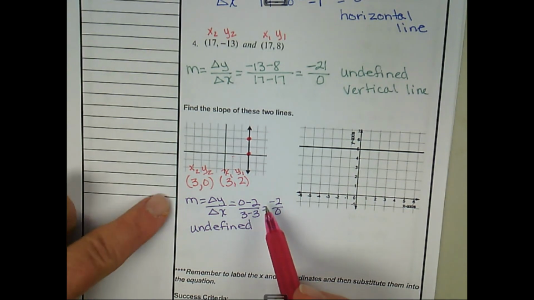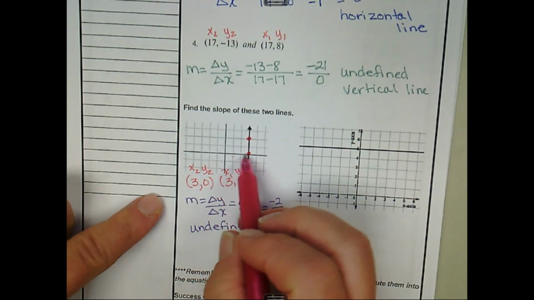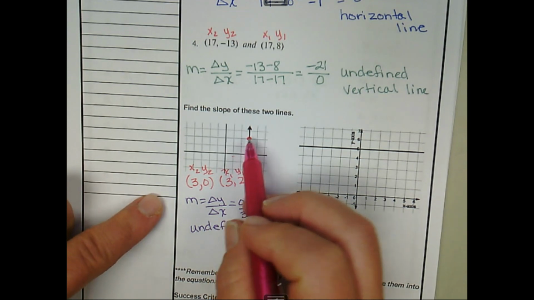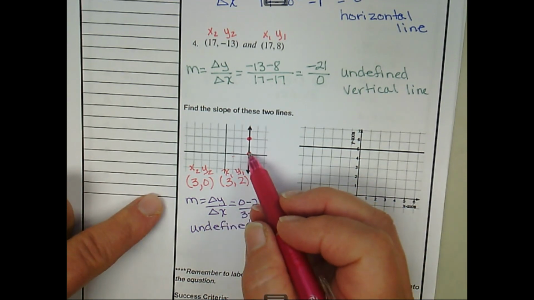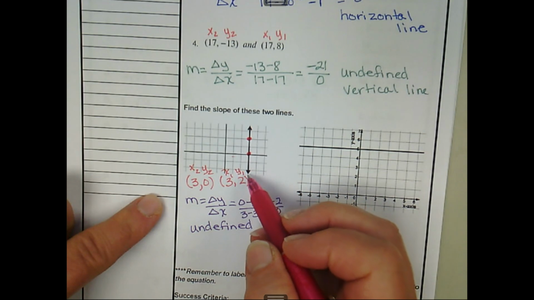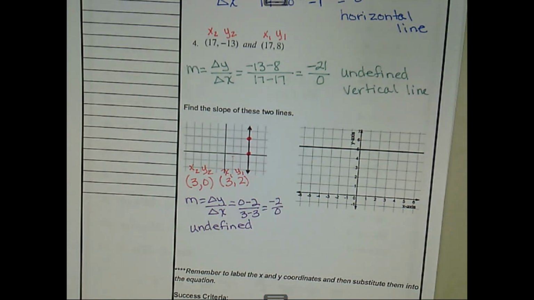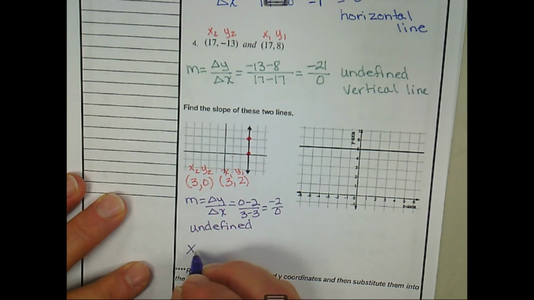Okay, now let's look at all the points. This is 3, 0, 3, 1, 3, 2, 3, 3, 3, negative 1, 3, negative 2. What value is not changing, your x or your y values? Your x value. So this equation is x equals 3.